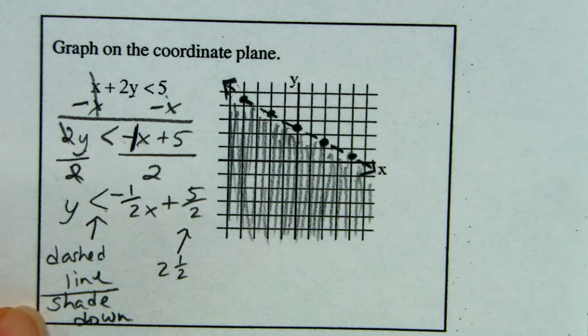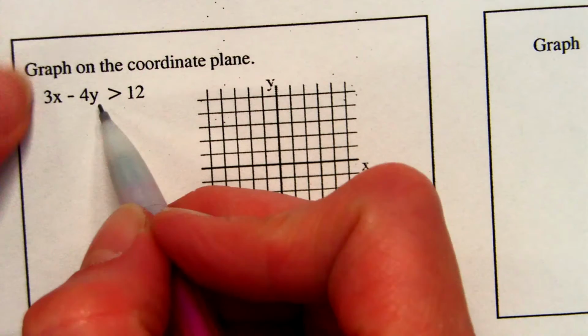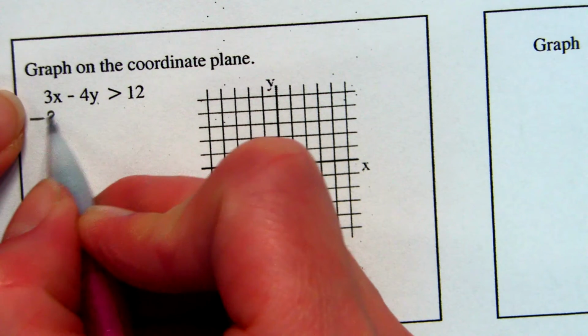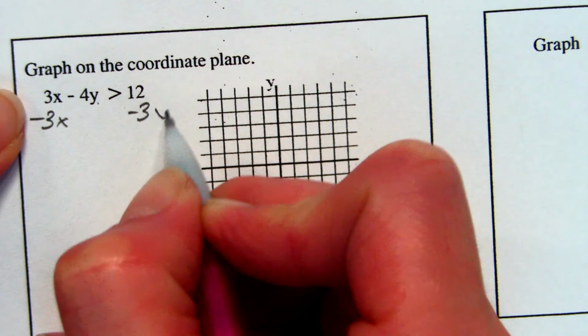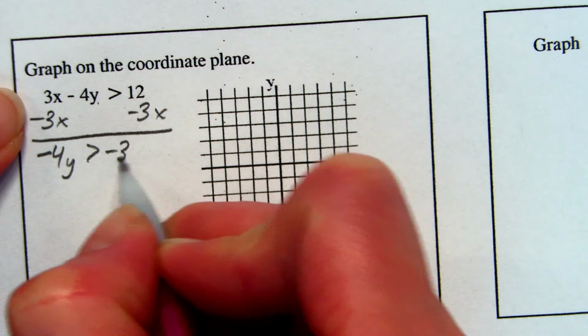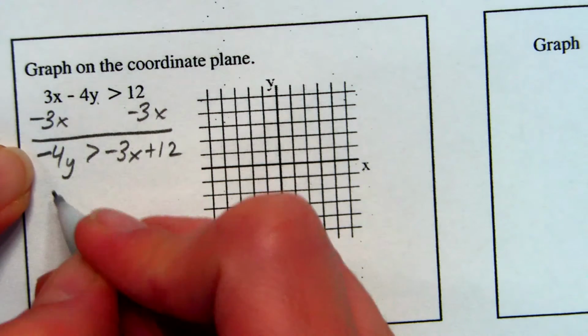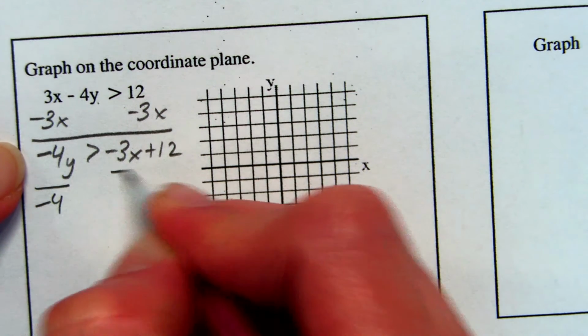All right, let's do another one. On the next one, we're solving for y. So we're going to subtract the x term, which is 3x. Get negative 4y is greater than negative 3x plus 12. And then we're going to divide by the coefficient of y, so we're dividing by negative 4.